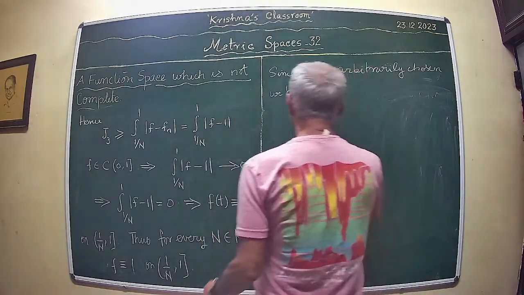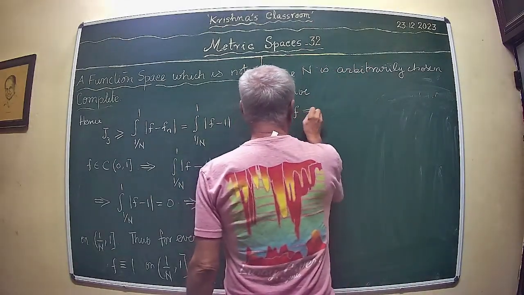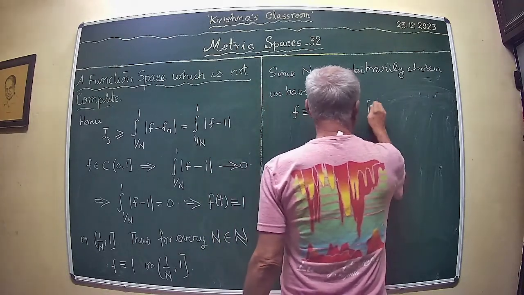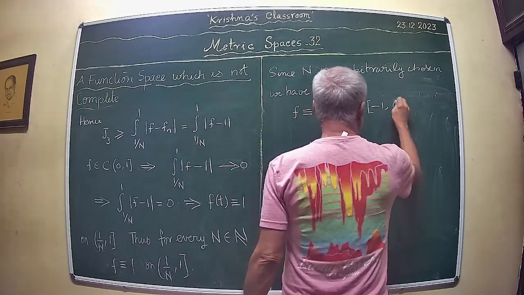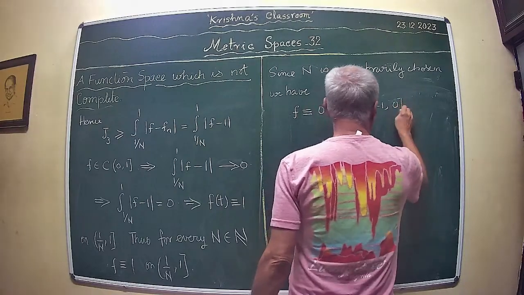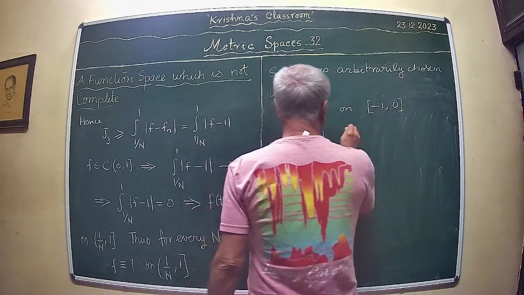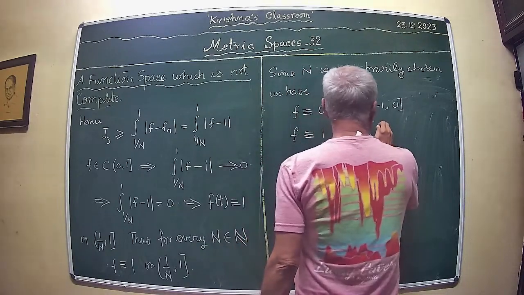We have f identically equal to 0 on -1 to 0 and f identically equal to 1 on 0 to 1.